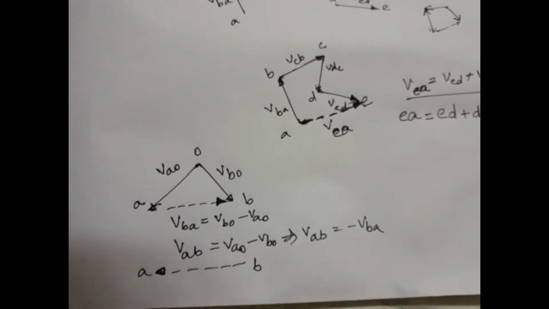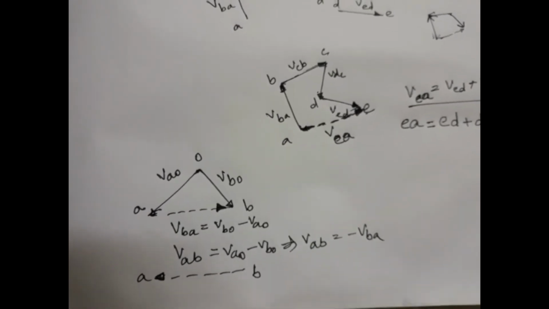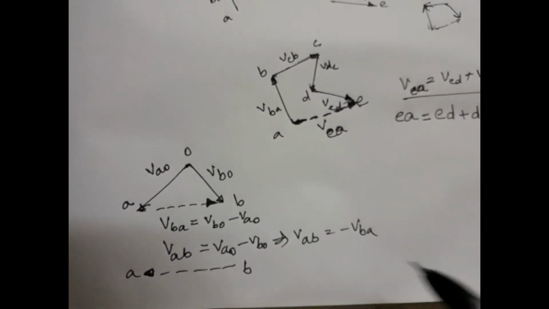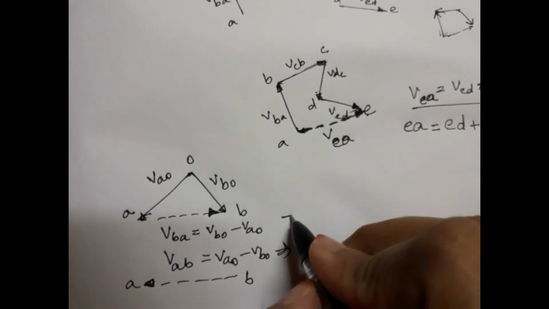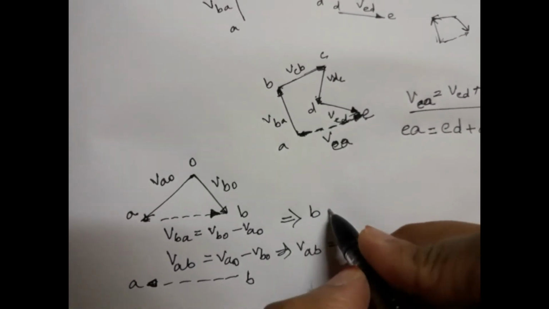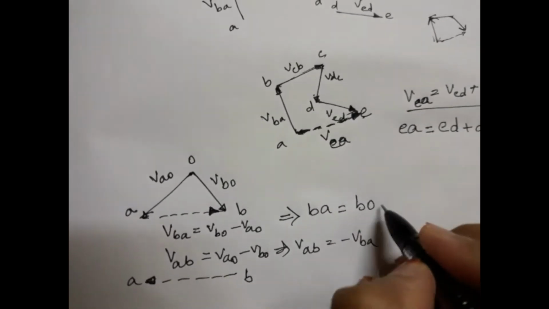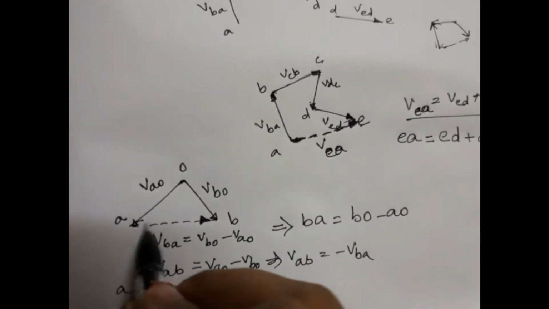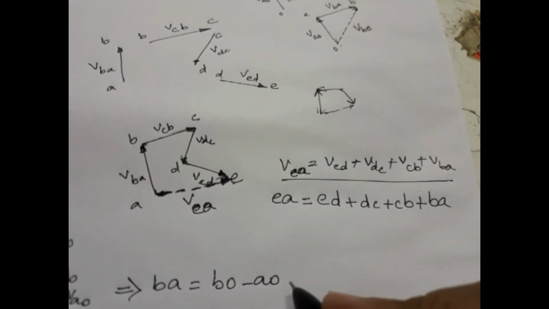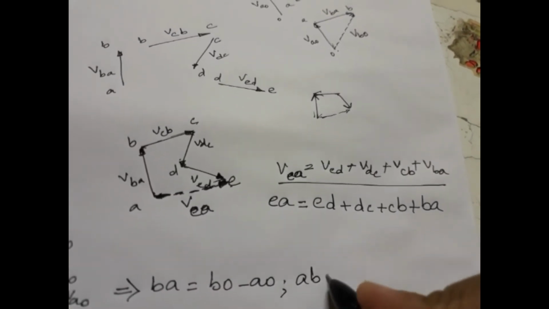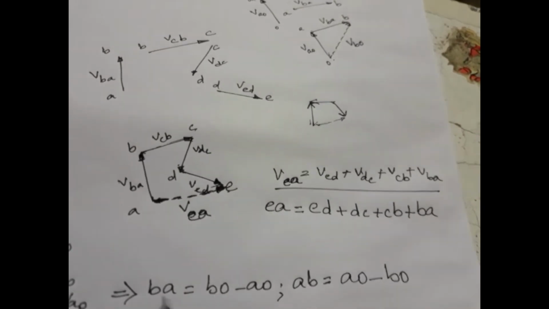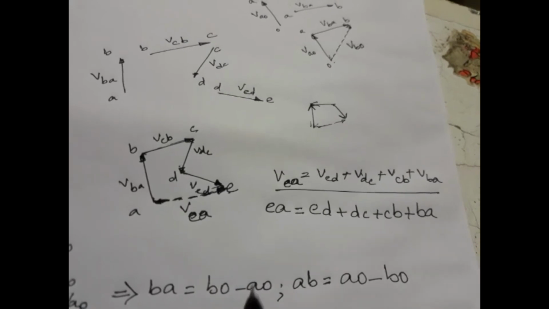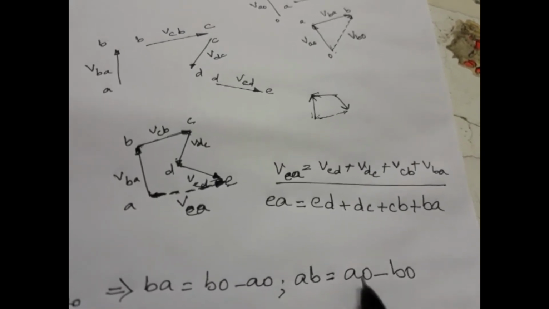Velocity of A with respect to B also can be found. So this is the vector subtraction. And now here velocities, these are just the vectors, right? So BA is equal to BO minus AO. These are the vectors, these lengths. Similarly, AB length will be equal to AO minus BO, because BA is equal to minus AB. So minus of this will become this one.